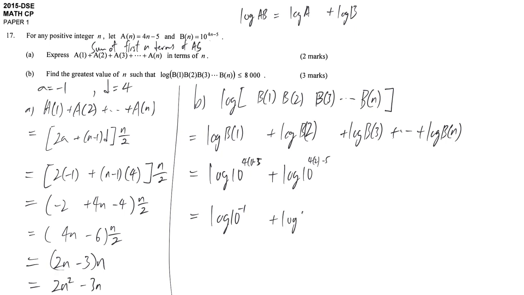That means log 10 power of 3. It seems like it's the second term just now. Now we know that an and bn are related in this way. So log b3 is 10 power of 4 times 3 minus 5. That means log 10 power of 7. Finally, this one is log 10 power of 4n minus 5.